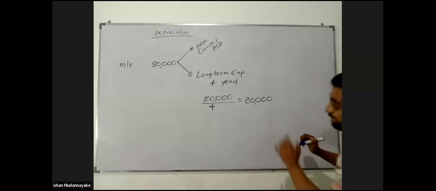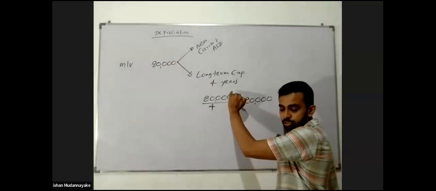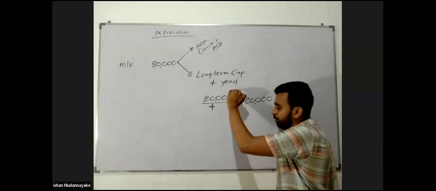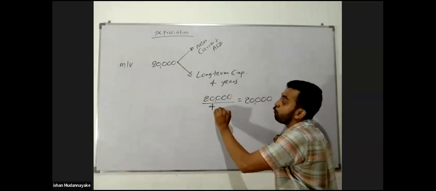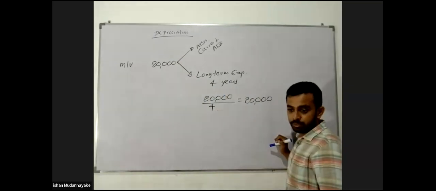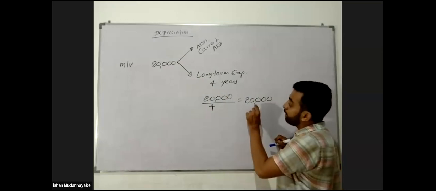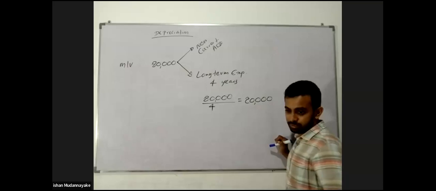Then divide the motor vehicle cost by 4 years, and you can calculate the annual motor vehicle expense.